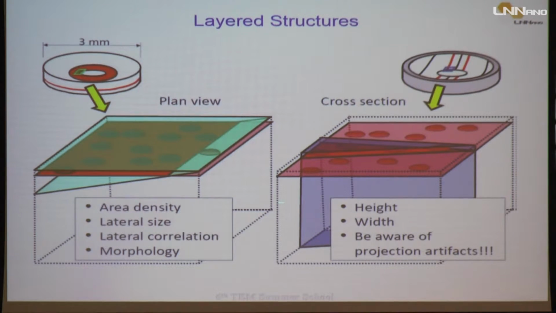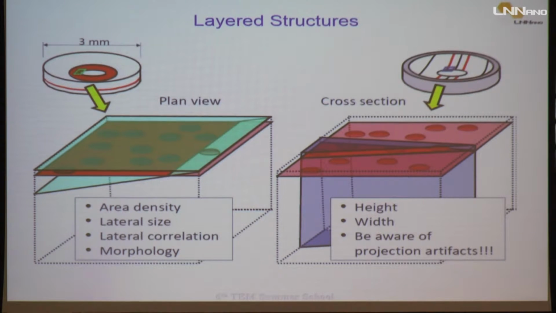By doing some cross-section imaging, we can have some different information. If you see the same material but in cross-section, you can have information about the height of the quantum dot, the width of the quantum dots, and in this case, it's important to be sure that you do not have two quantum dots, one behind the other, because you are looking now in cross-section.